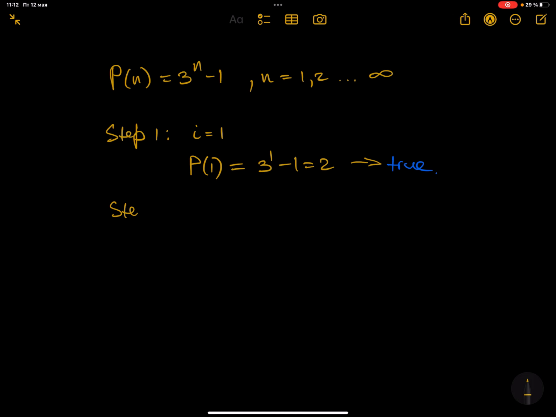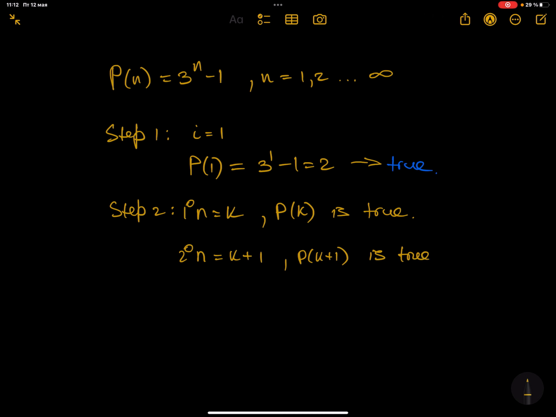Now we come to step number 2. So we assume that n equals k and Pk is true. Now let's prove that when n is k plus 1, the statement is true. Let's prove.